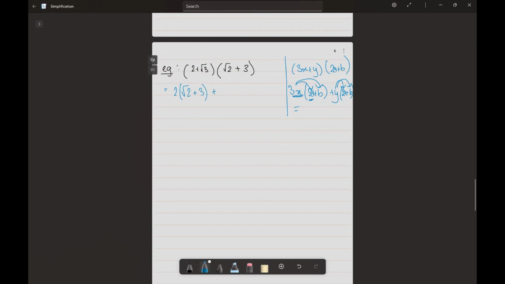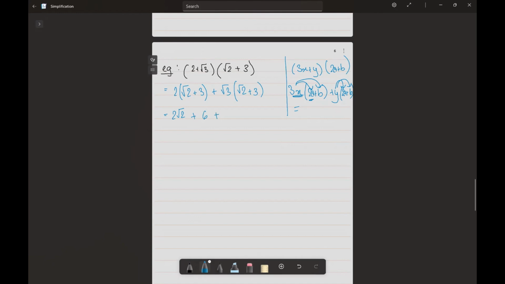And then this root 3 will get multiplied with root 2 plus 3. So if we multiply, we have 2 into root 2. Now this 2 is outside the root, this 2 is inside the root, so we cannot multiply them together, and we will keep it as it is. Then 2 and 3 both are numbers, so 2 into 3 gives us 6, then plus.